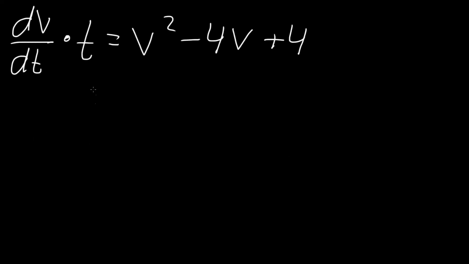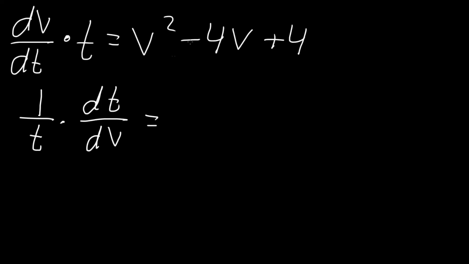Next, we're going to want to combine t with dt and v with dv. So in order to make that happen, we can say instead 1 over t, like we flip it, we would have to flip this also. So we would get dt over dv, and by flipping it we also have to flip this, so we would get 1 divided by, but we can actually factor this out.